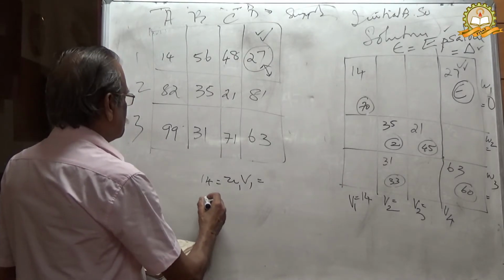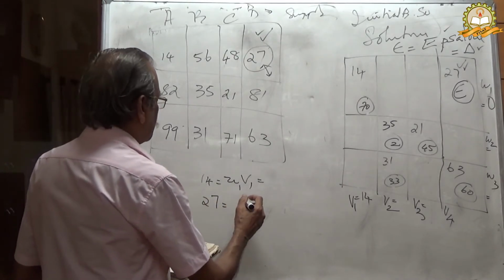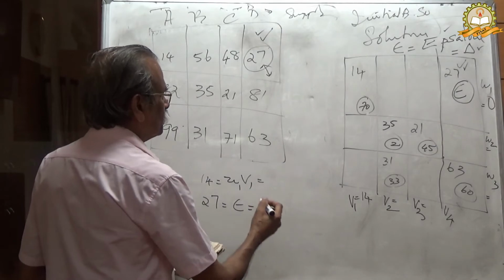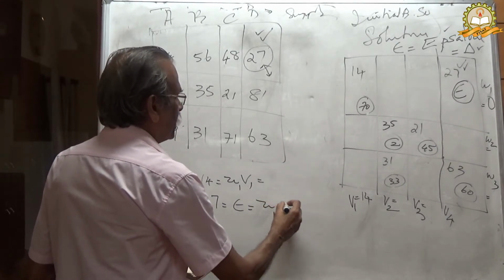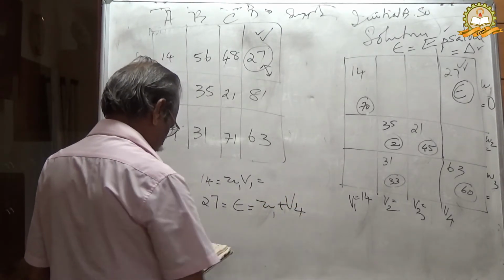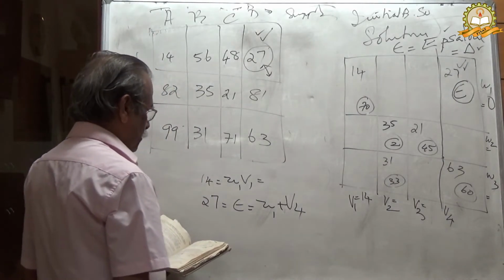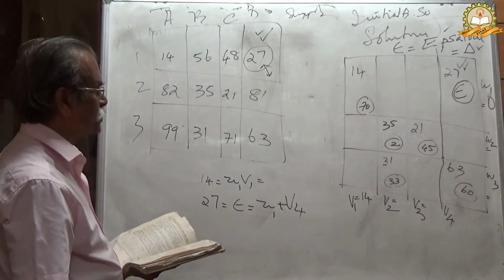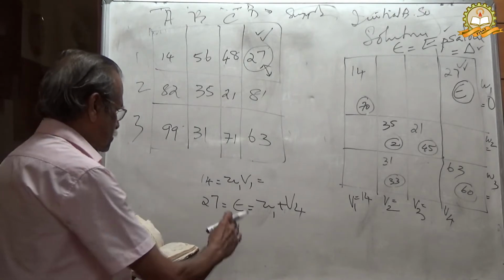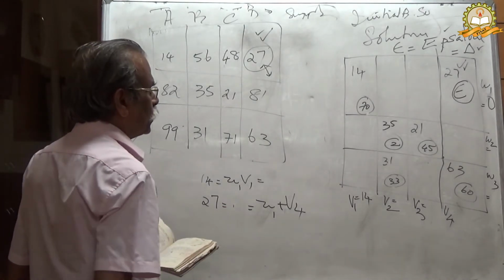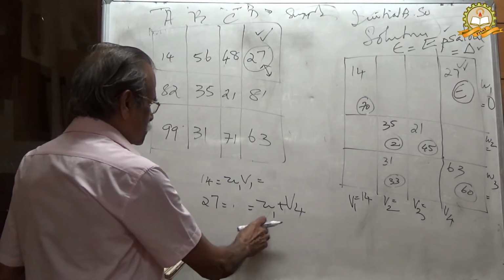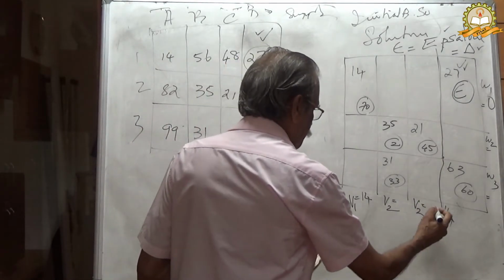Similarly, 27 equal to epsilon equal to 27 equal to U1 plus V4. U1 equal to 0, V4 equal to 27.